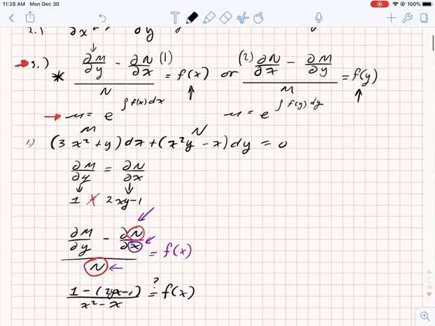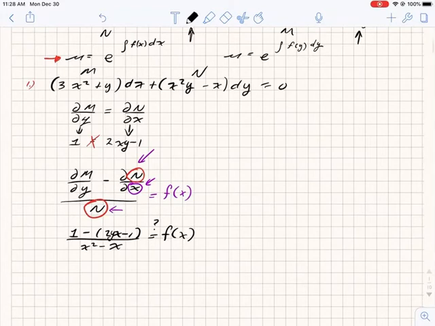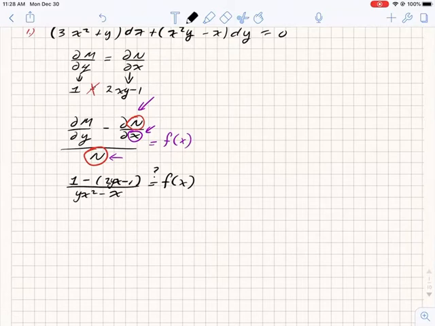And there's a y right here. Let's see. And there should be a y right here. So this is just an algebra thing that we're going to try to manipulate in order to have only an x function.